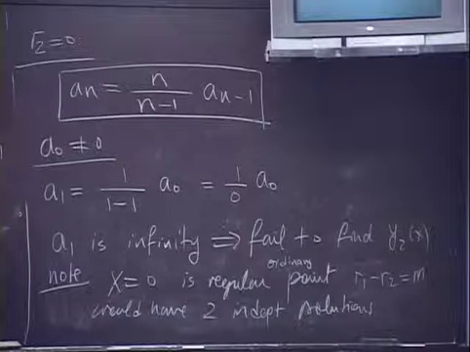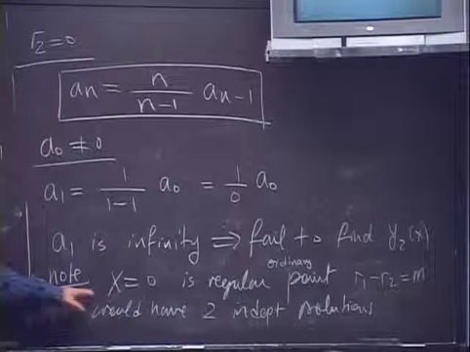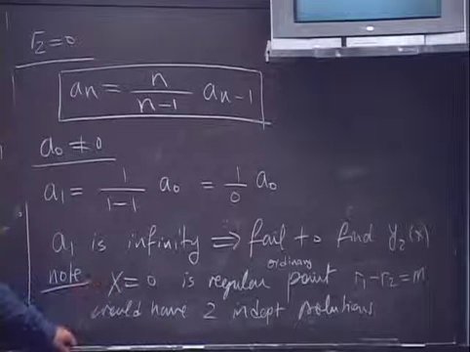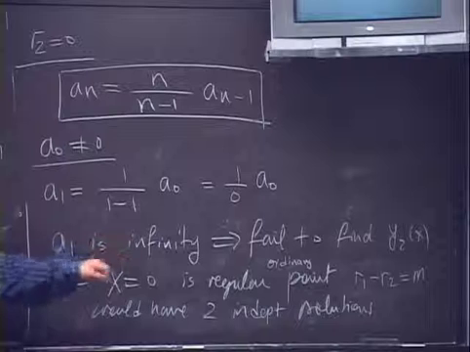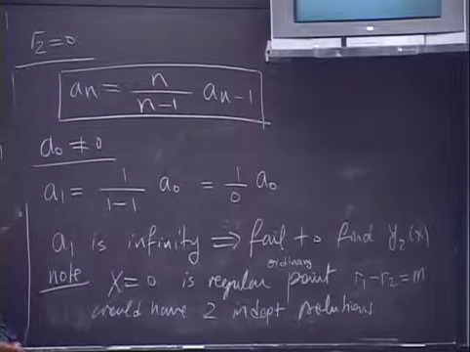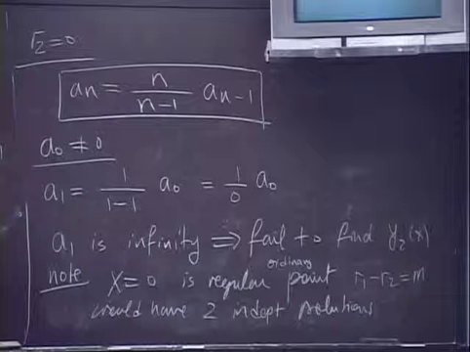Yes? But in this case, if x equal to 0 is regular and not singular, and we have r1 minus r2 equal to an integer, we will have two independent solutions. Somebody will ask, but in the case of the regular point, we do not have r.